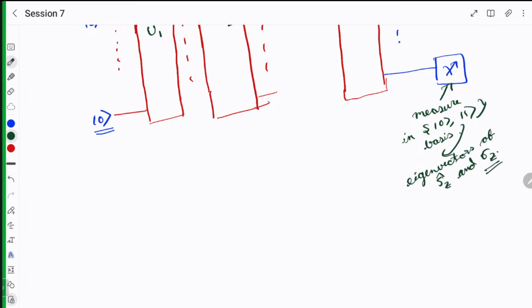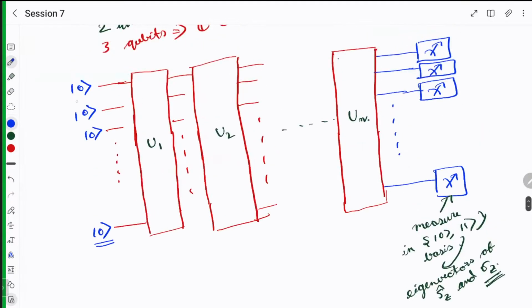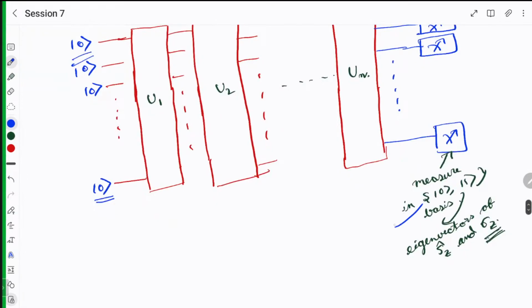So we measure in the sigma Z basis, the 0-1 basis. And since we are initially preparing in the 0-1 basis and then measuring in the 0-1 basis, this is a very important basis for quantum computation, and it is called the standard basis or the computational basis.